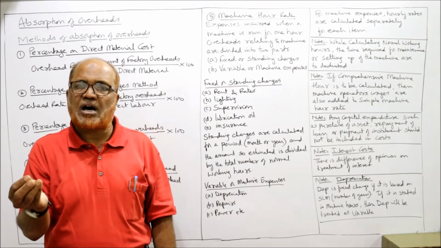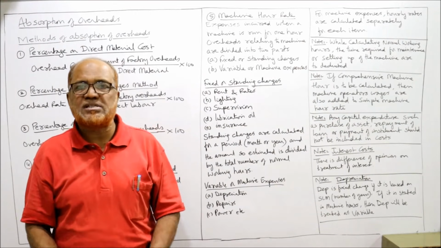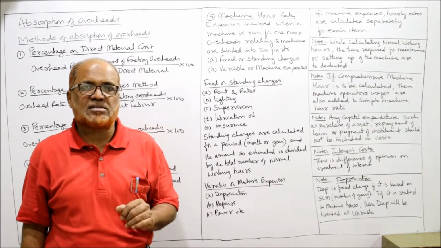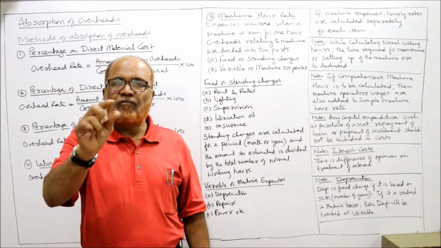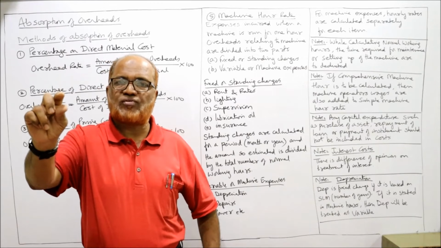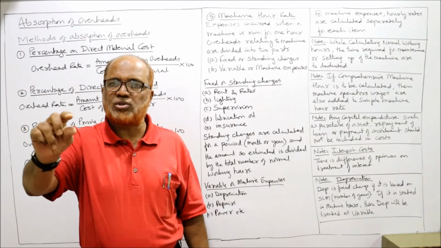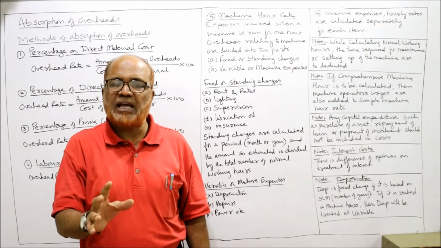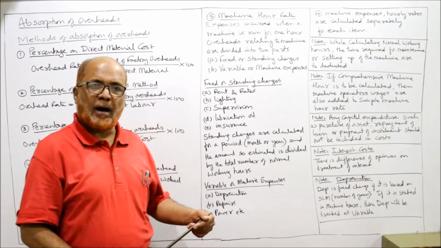Sorry, 1 lakh rupees is the total standing charges. So we divide 1 lakh rupees total standing charges for 1 month by 10,000 machine hours used. So 10 rupees per hour, and standing charges are 10 rupees per hour.